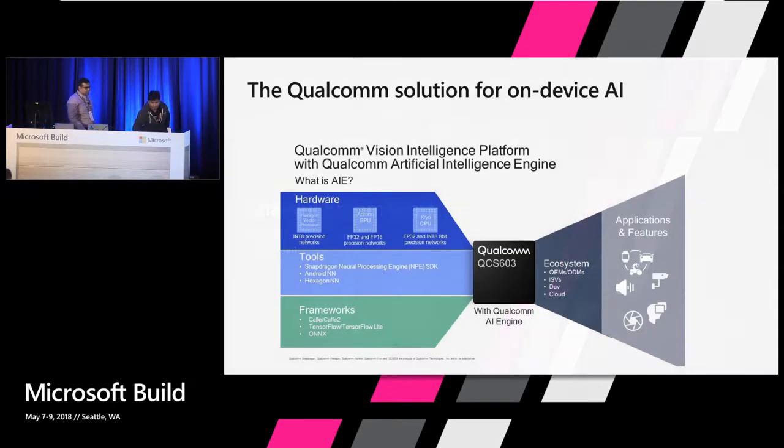In essence, the whole concept of Vision Intelligence Platform is that it's based on a heterogeneous architecture. So it has an integrated ISP, an integrated GPU, and an integrated display processing unit.